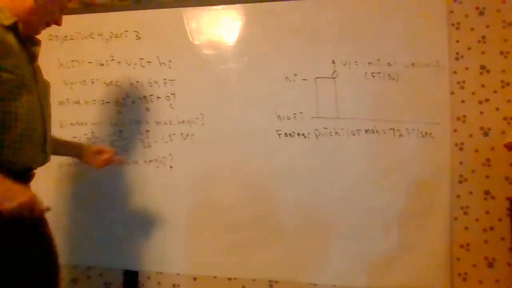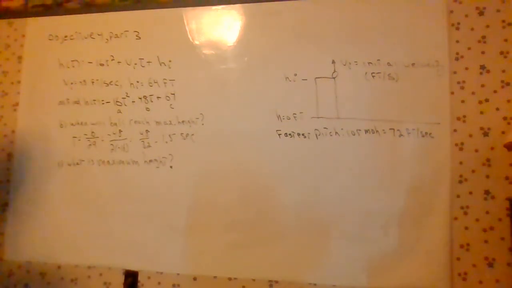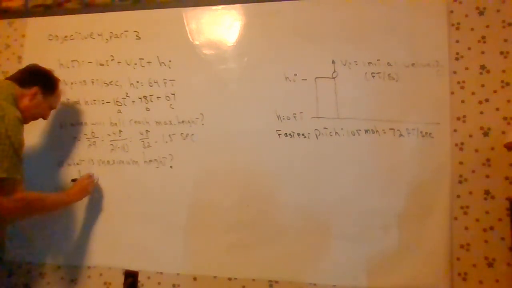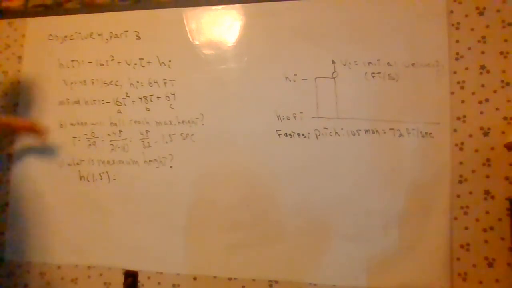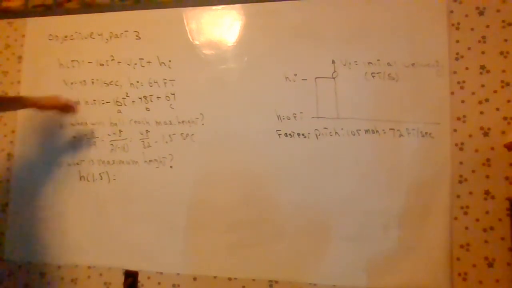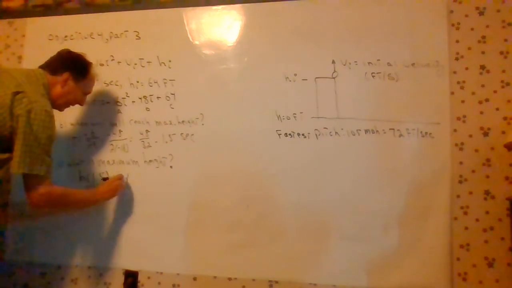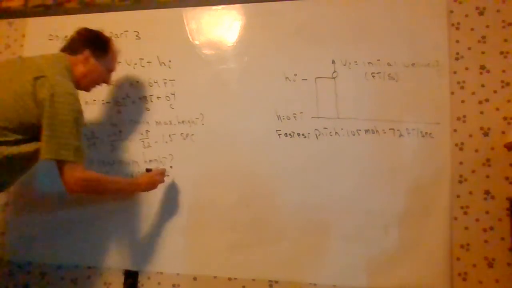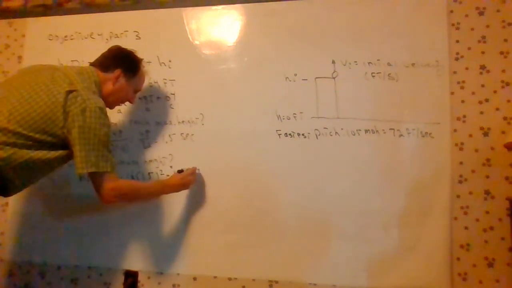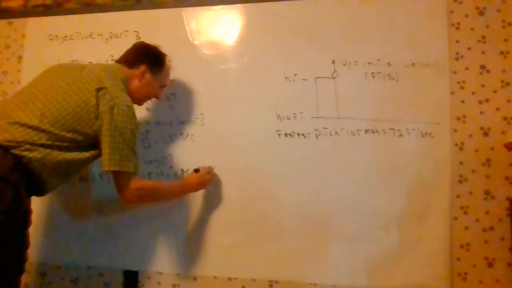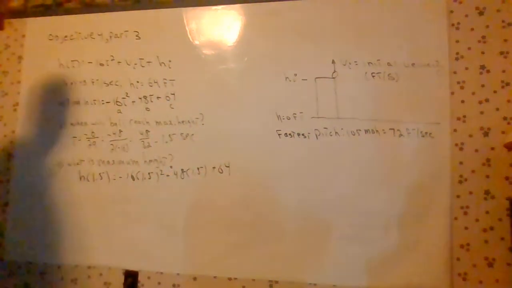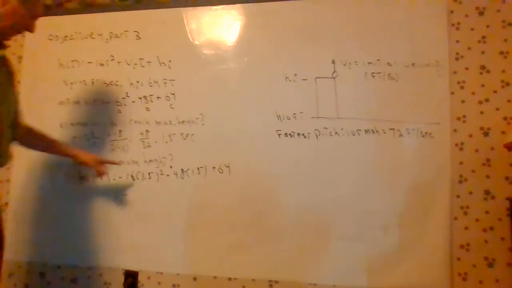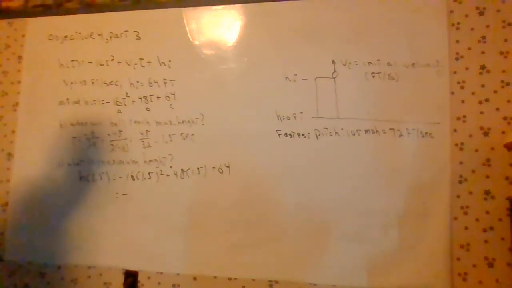Okay, now what is the maximum height? It's an interesting question. We can find h of 1.5. That's what this height equation is for. Given the time, we can find the height: negative 16 times 1.5 squared plus 48 times 1.5 plus 64. Okay, that's 2.25 times 16.